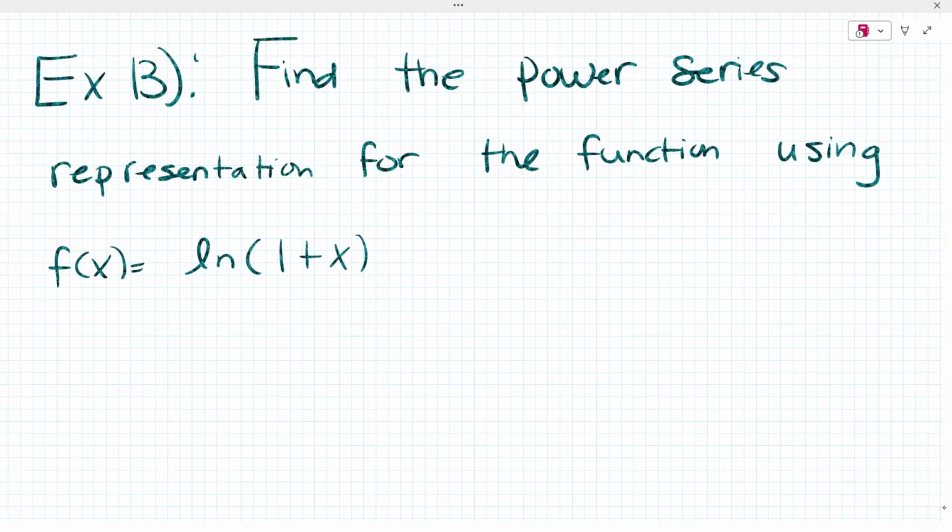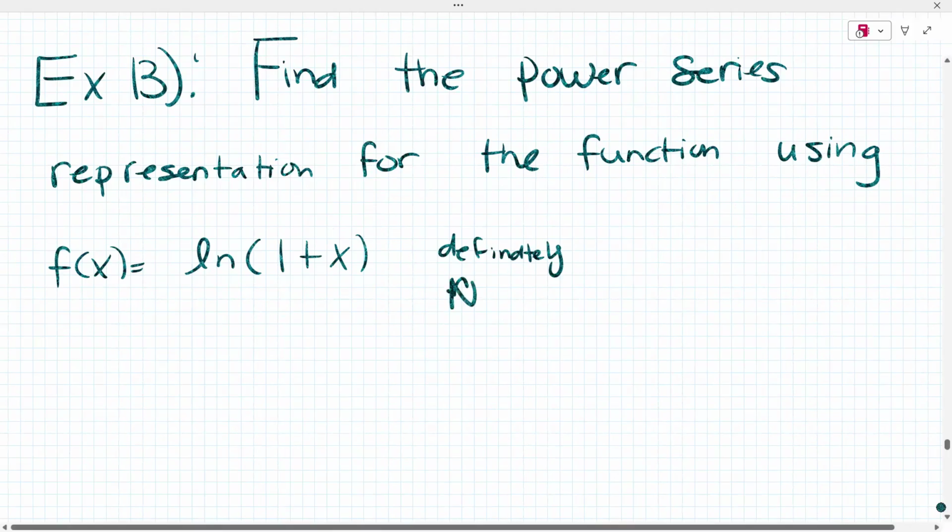So definitely I'm not in the form. Not form. 1 over 1 minus x, right?